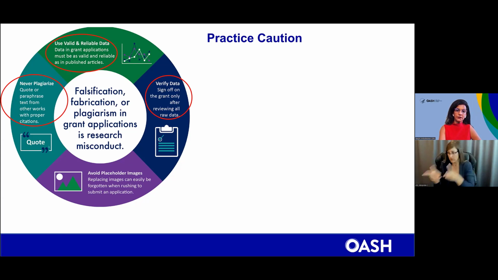You give credit to the author. And avoid placeholder images. We have heard in different cases that it seems like a practice to use placeholder images and forget to replace them. Not sure if that's the real practice in the lab or whether that's an excuse that came after being questioned.